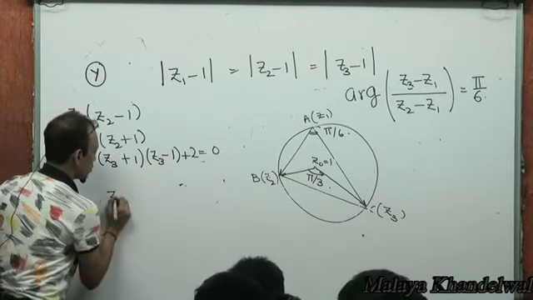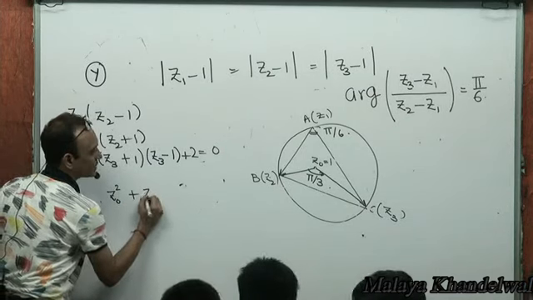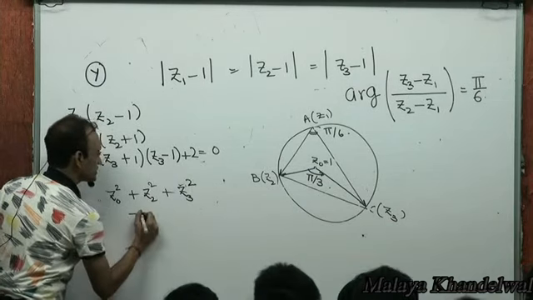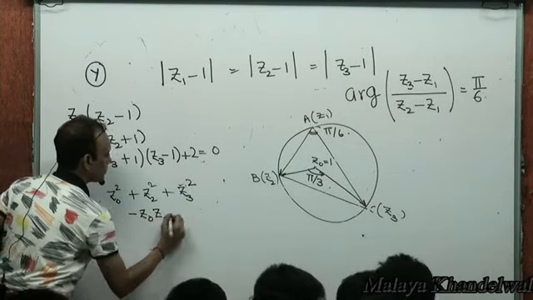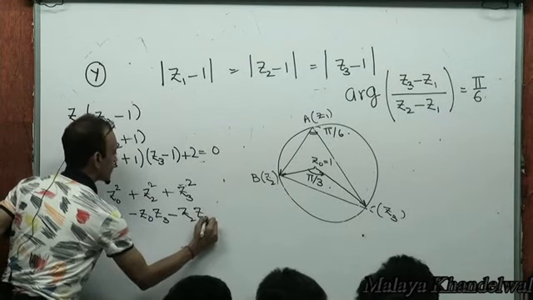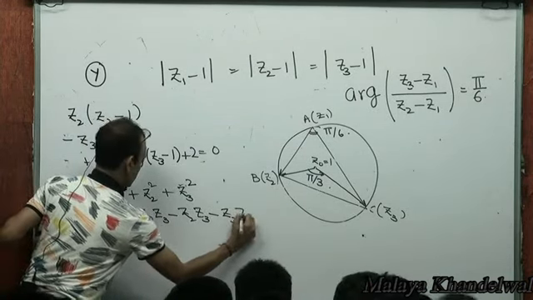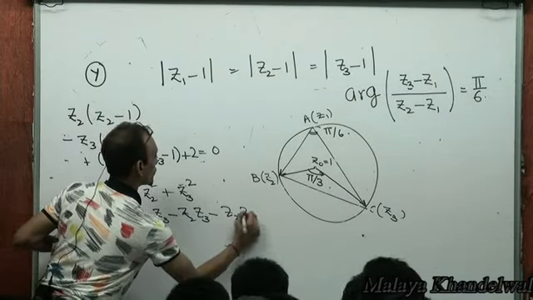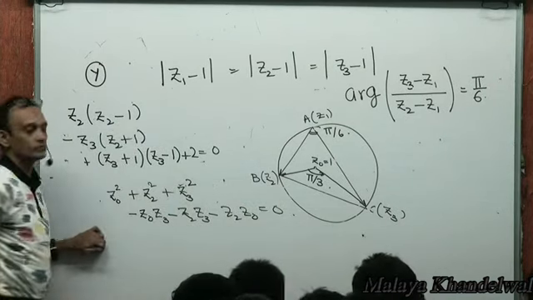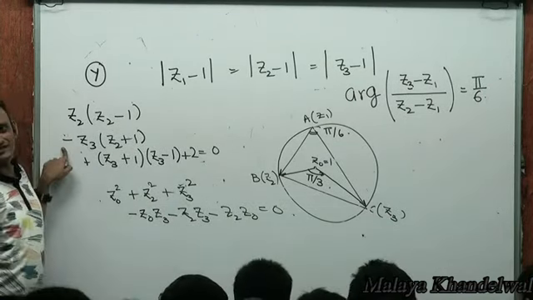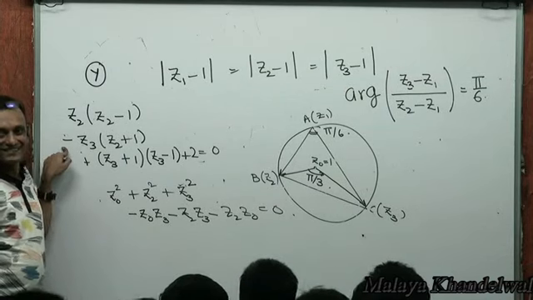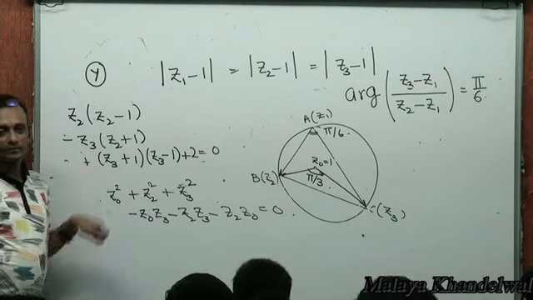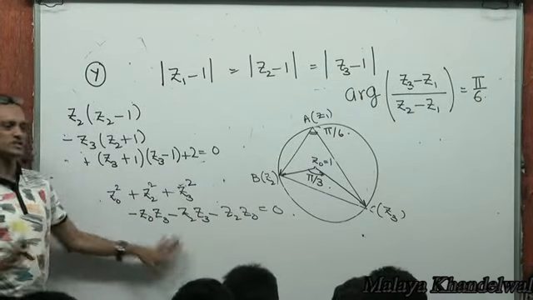So can I say z0 squared plus z2 squared plus z3 squared minus z0 z3 minus z2 z3 minus z3 z0 minus z2 z0 must be 0, which will actually be this result only jumbled up. Put z0 equal to 1 and you will get this. All right, which is all.